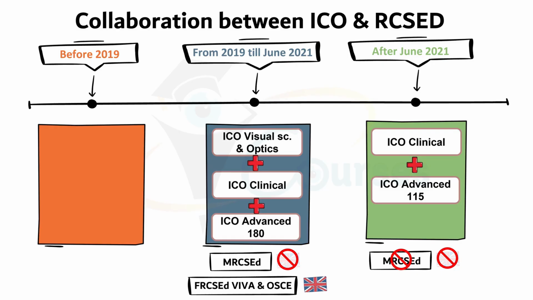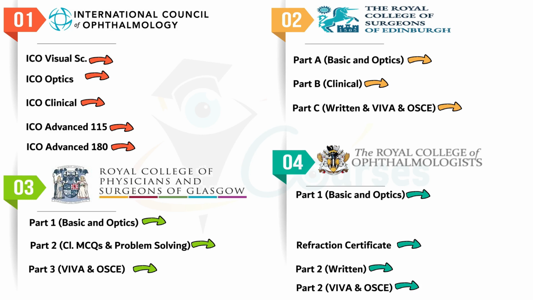So based on these changes and the end of collaboration, what will be your next step if you already passed some exam like Basic Sciences or Optics or Clinical or Advanced 115? What will be your next move? If you already cleared the ICO Visual Sciences and Optics, then your next step will be the ICO Clinical.